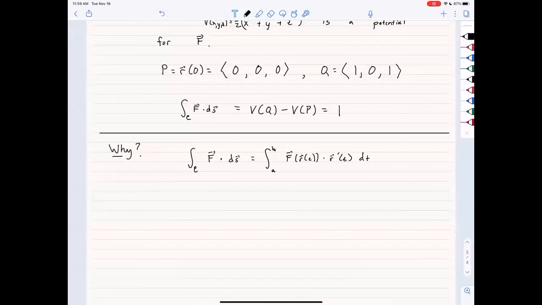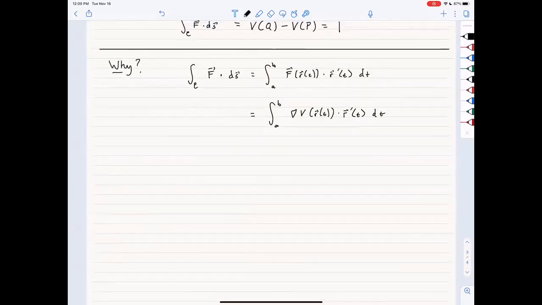Now, this is impossible to work with, but if F is conservative, in other words, if we have a potential here, nabla v, then we can recognize something about this expression that maybe we didn't see before. Namely, this is an expression you've seen before involving the chain rule. This is the expression you would get if you composed v with r of t and took the derivative.